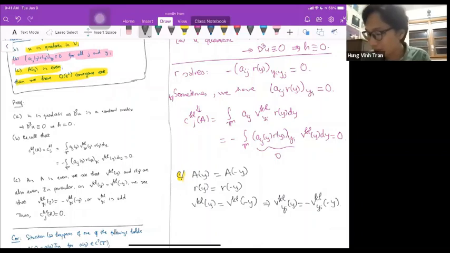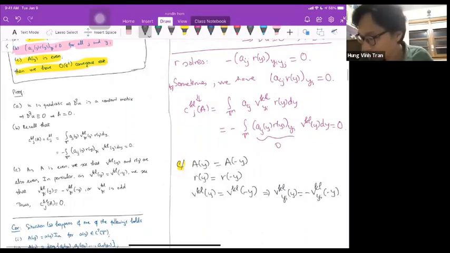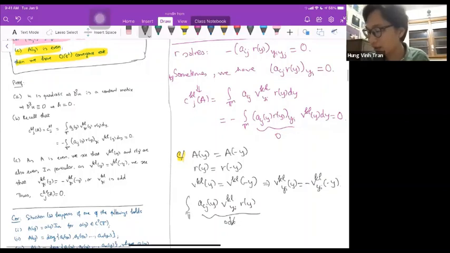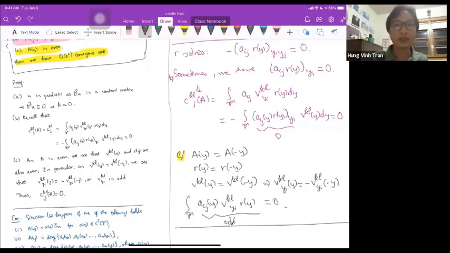As a result, you take the product Aij(y), V_KL,yi, R_y, and the whole thing is an odd function, a product of even and odd. So when you take the integral, it is equal to 0. So we are done.